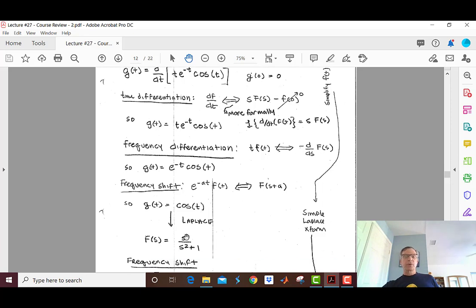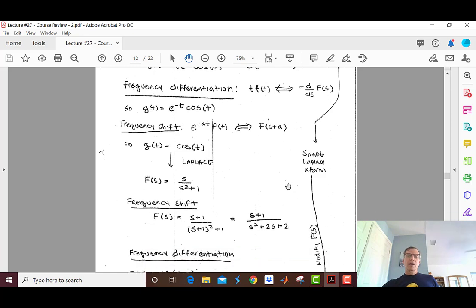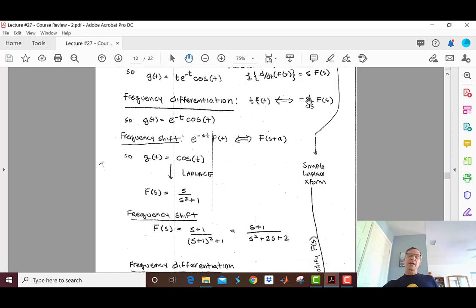First thing I will do is take my s over s squared plus 1 and replace the s with s plus a, right? So where I had s over s squared plus 1, now I have s plus 1 over (s plus 1) squared plus 1. So I just did this. So now, frequency differentiation, I have to take the derivative of this with respect to s.